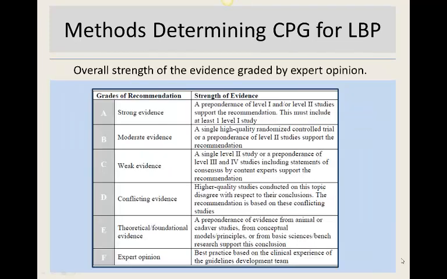After individual articles were graded, they were then pooled, and then the overall strength of the evidence in a particular area was graded. So for example, grades of recommendation in the clinical practice guidelines could be A, strong evidence. So if there were several level 1 and or level 2 studies, they would then most likely grade the overall recommendation on strong evidence.